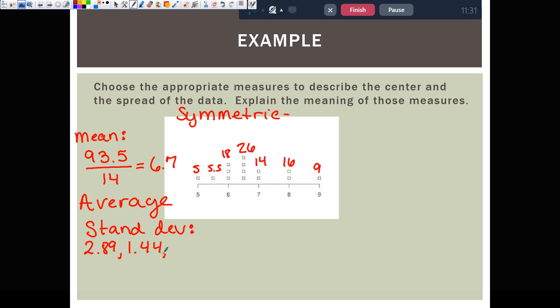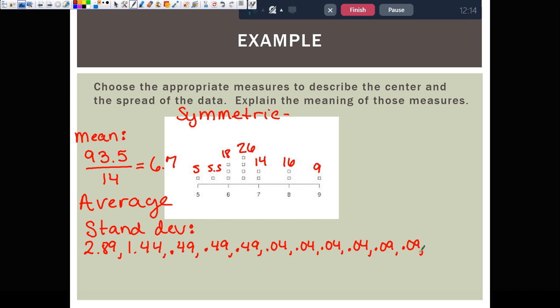And then 6 minus 6.7 squared is 0.49, and there are 3 of those. 6.5 minus 6.7 squared is 0.04, and there are 4 of those. 7 minus 6.7 squared is 0.09, and there are 2 of them.